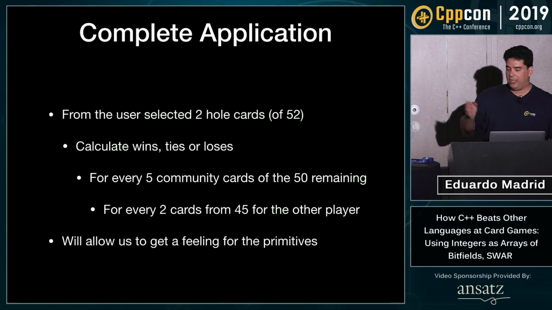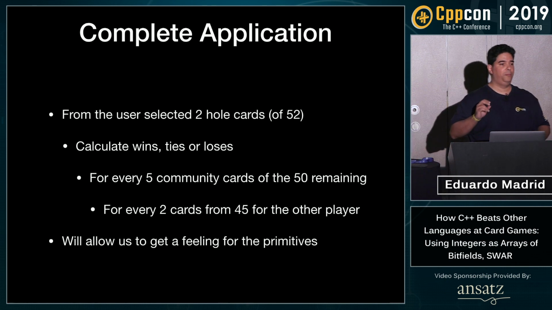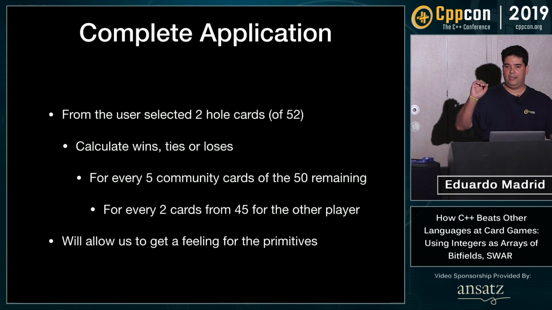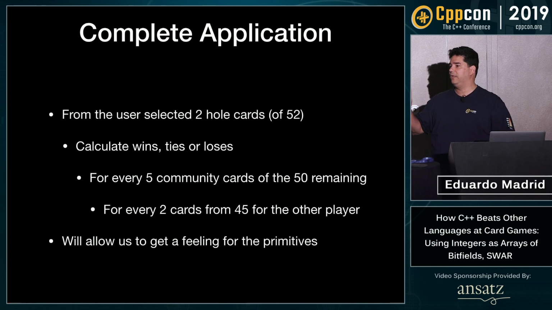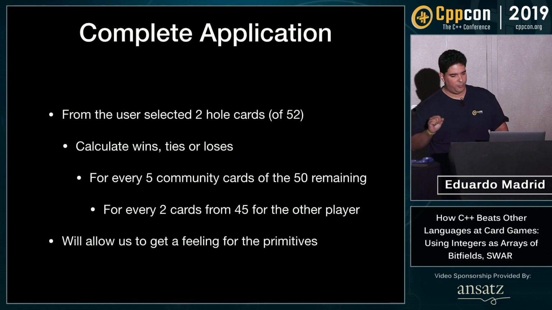The complete application that I'm going to show you calculates equities. The user will supply 2 cards on the command line, and the program is going to tell the user the probability that his initial 2 hold cards will win, tie, or lose a round of Texas Hold'em poker.